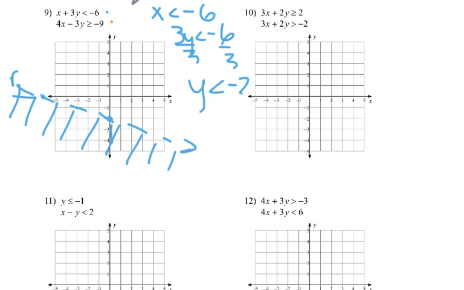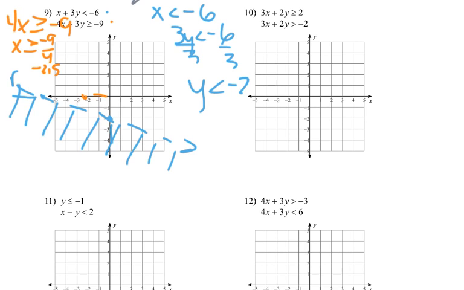So then this one, we'd get 4x is greater than or equal to negative 9. So we divide by 4. x is greater than or equal to negative 9 over 4, which would be negative 2.5, right? So negative 2.5, and x is greater.